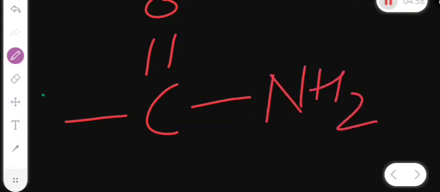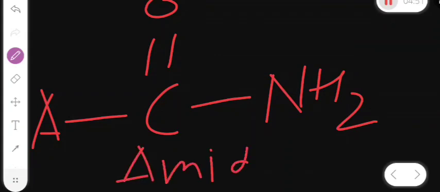So this one is the carbonyl group, isn't it? So if this group contains an NH2 group, that means this species will be termed as amide. We can have any kind of substituent here, suppose A, that doesn't matter. So this one is amide. I hope that is clear to you.